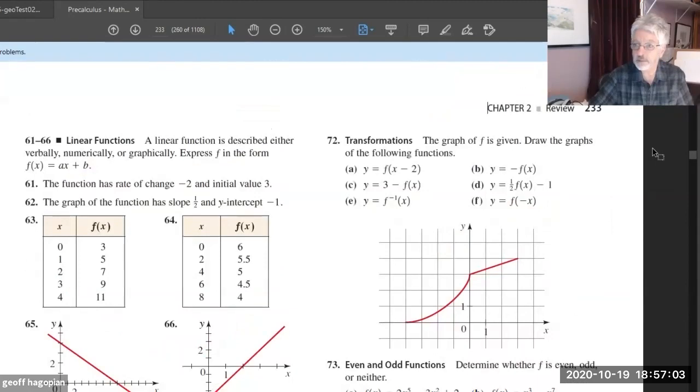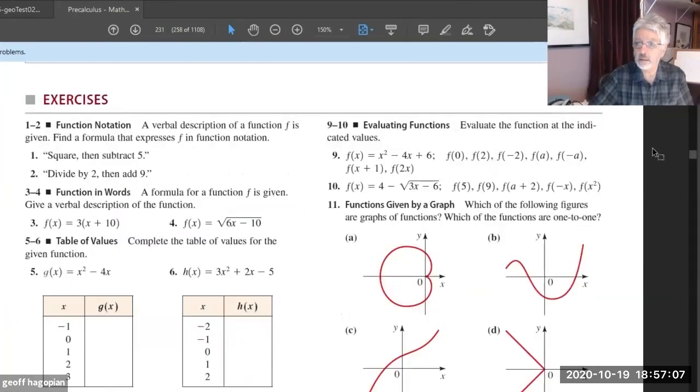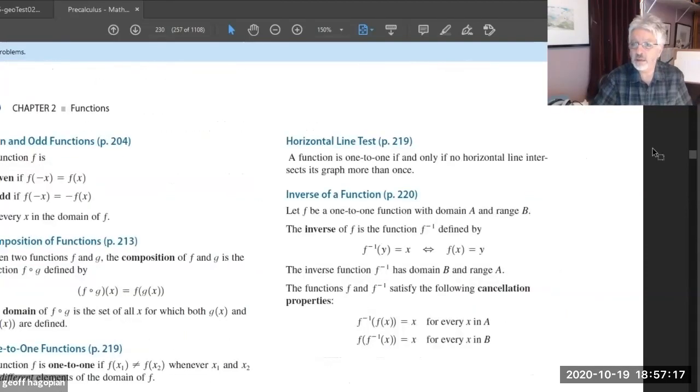Maybe page up. Is that faster? So this is in the review. Okay.